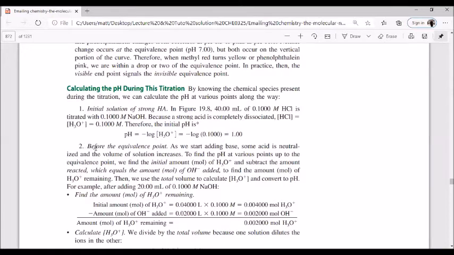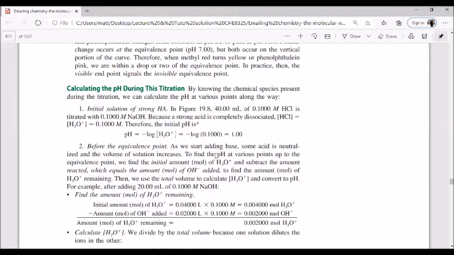Now point number 2, before the equivalence point. As we start adding base, two things happen. Some acid is neutralized, and the volume of the solution increases.